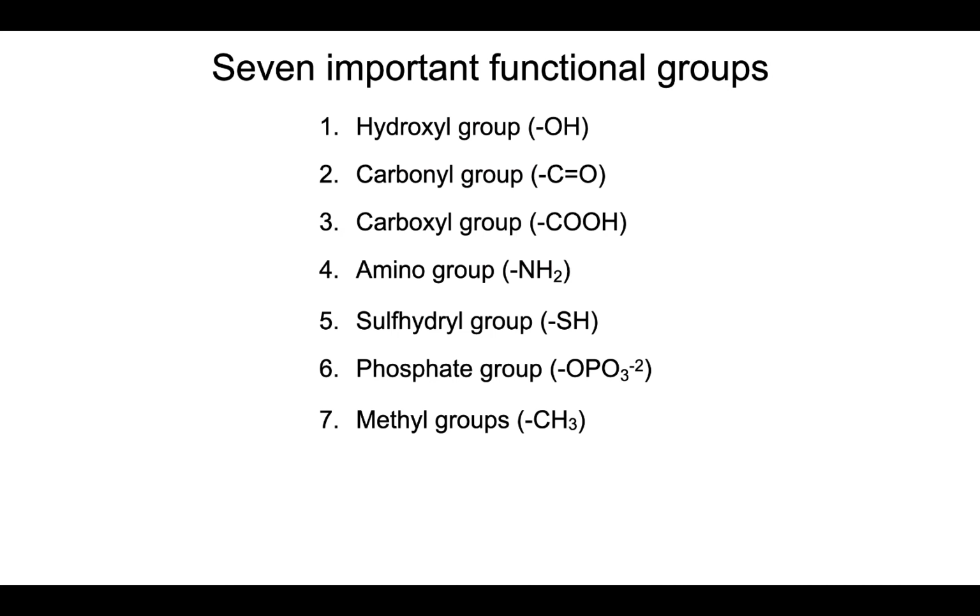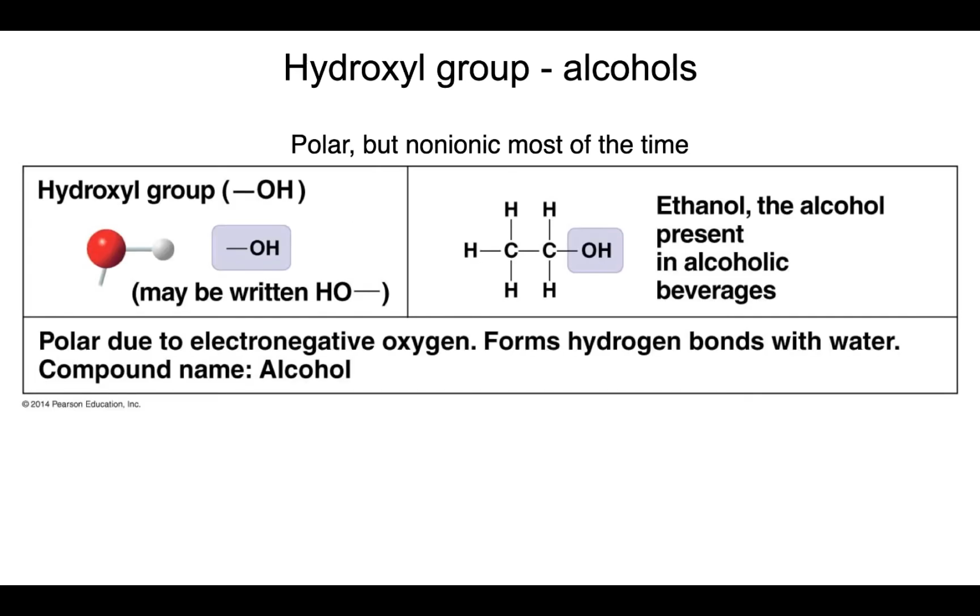We have a hydroxyl group, a carbonyl group, a carboxyl, amino group, sulfhydryl group, phosphate groups, and methyl groups. You will be required to memorize each one of these to be able to identify them on molecules and be able to describe the unique chemical characteristics of each one.